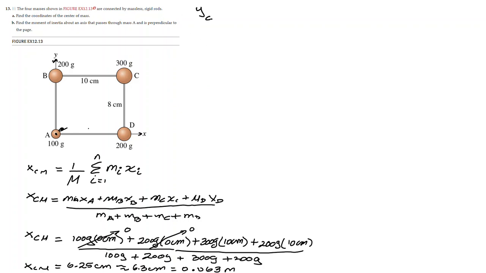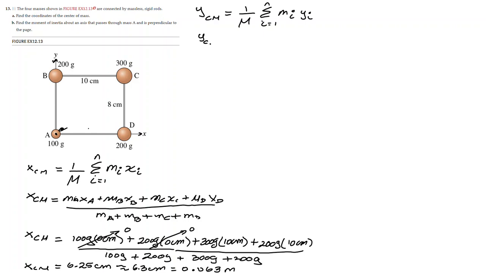So we know that the y coordinate of the center of mass would be 1 over the total mass times the sum from i equals 1 to n of m sub i times y sub i, right? So now we're just going to substitute the values of the four masses here.